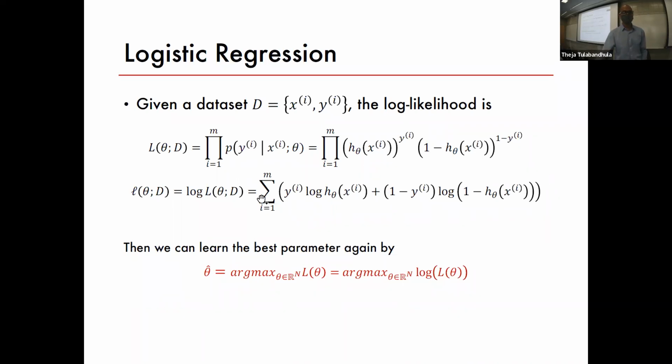It's just that the objective function is a more complex looking thing than the sum of squares, which is what you had before for linear regression. Here you have a slightly different objective, and you need to optimize over theta. And instead of minimizing, we're going to maximize because we have this log likelihood. We want to find the theta that maximizes the likelihood of the data that we already observed.